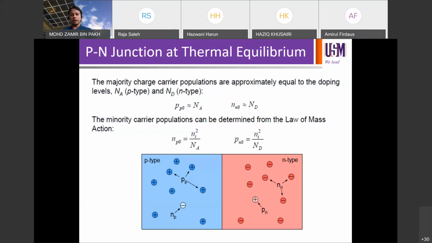So moving on, you should be able to understand and use the concepts of Pp naught, Nn naught, Np naught, and Pn naught, because we're going to use these a lot after this, in thermal equilibrium, under applied bias, and other conditions as well. So make sure you understand the concept of majority carriers and minority carriers using these new notations, right?